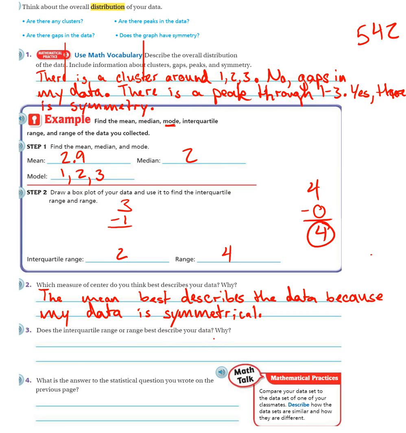Does the interquartile range or range best describe your data? Why? So the interquartile range was 2, the range was 4, so the interquartile range, because it was closer to my mean, which I already said was a better measure, would best describe my data. So if I'm right in thinking that, then this number 2 is closer to my mean than 4 is. So the interquartile range.